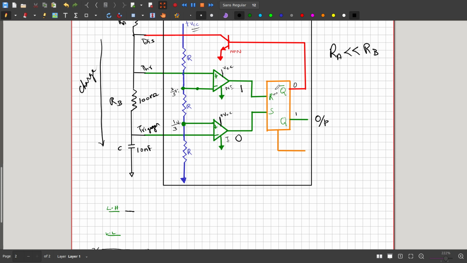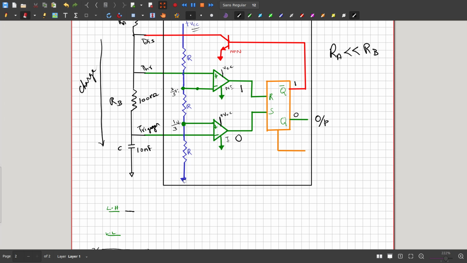Therefore we have a 0 and 1 state. When there is a difference, the state of R is mimicked by Q bar. Therefore we have a 1 here, and since Q bar is 1, this will become 0.